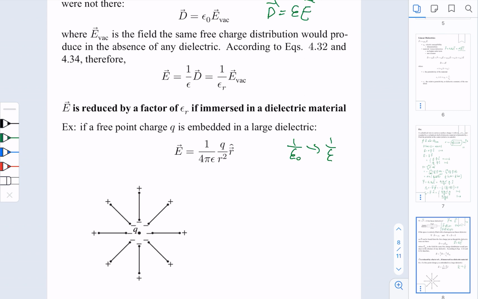For a conductor, you can imagine that free charges build up on the edge of the conductor until the E field inside the conductor is 0.